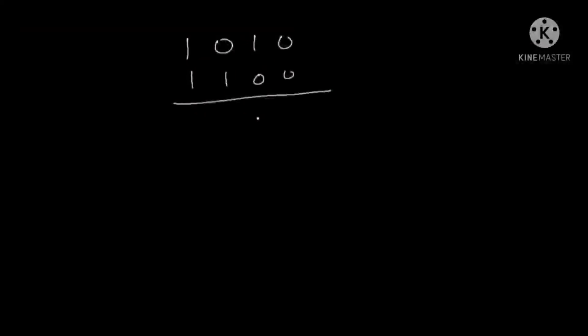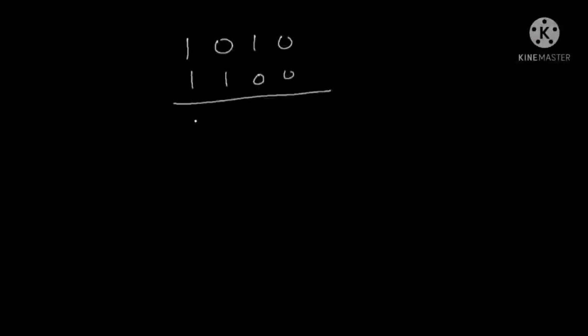For example, let's assume the first data is 1010. Let's assume the second data is 1100. Then when we want to do AND operation, the AND operation is bitwise AND.